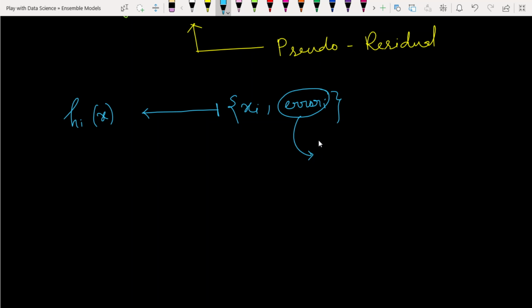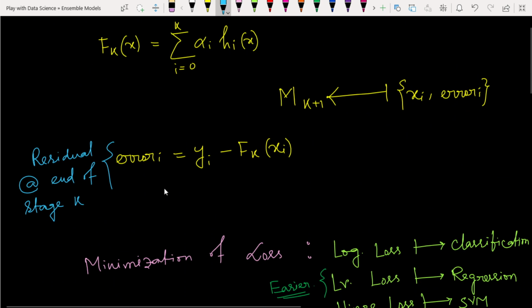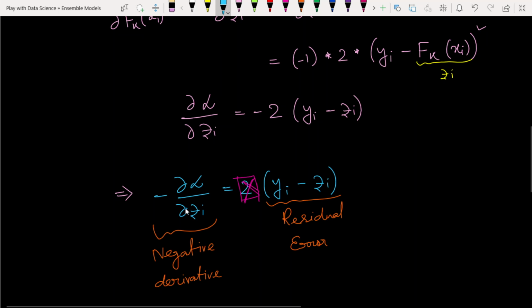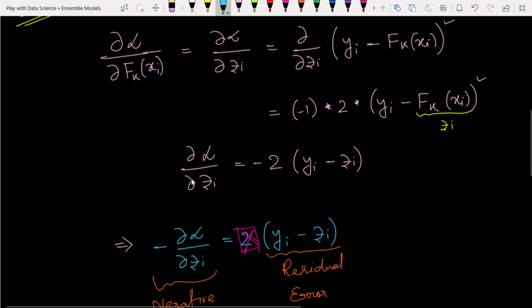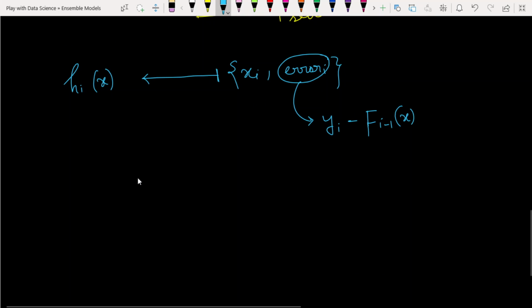This error i means yi minus fi minus 1 of x. We have seen that this error is called the residual error. But here we are simply using the gradient technique, the negative gradient. Why are we doing this?